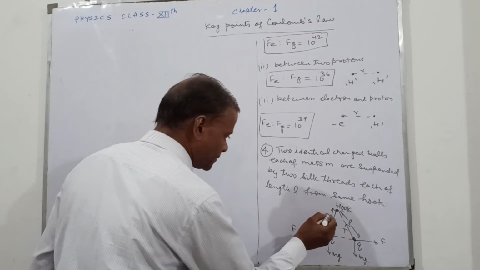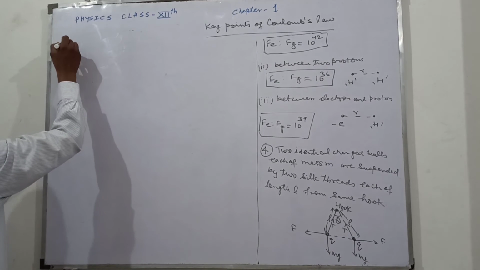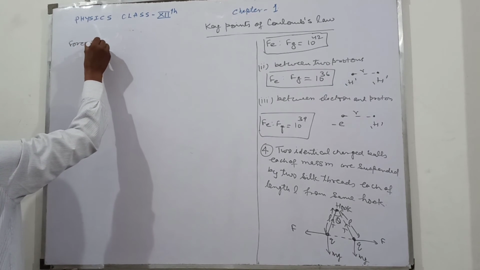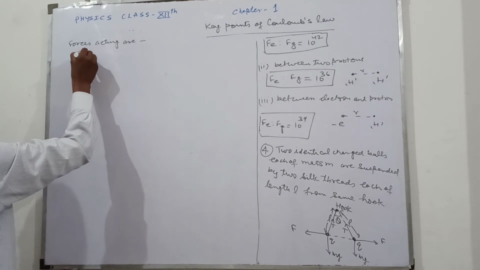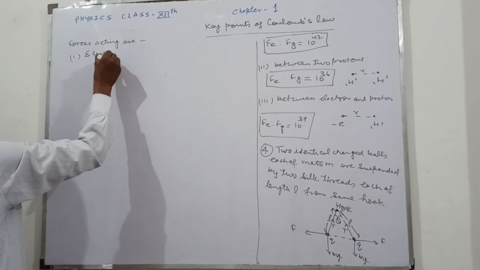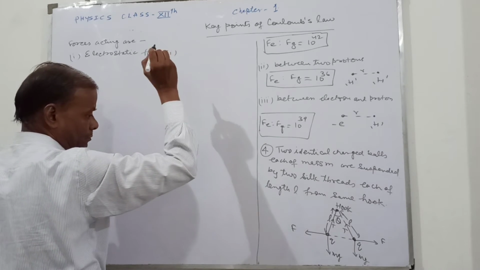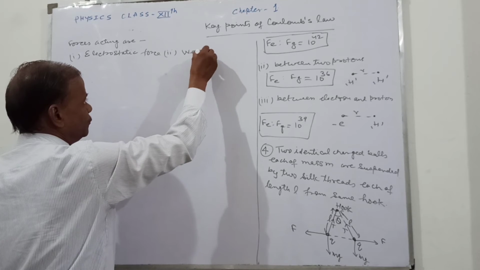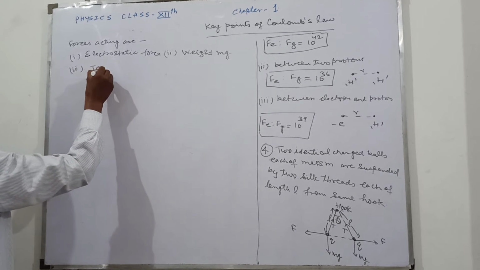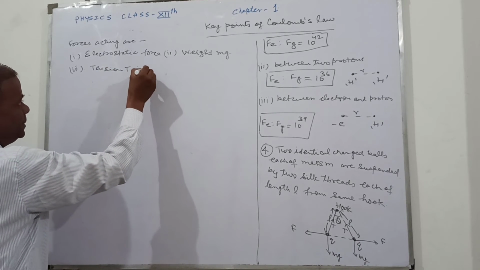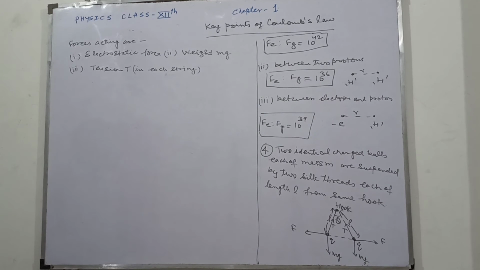Suppose the angle between them is theta. Then the forces acting are number 1, electrostatic force, number 2, weight mg, the gravitational force, and third, tension T in each string. So these three forces will act simultaneously on each of the balls.